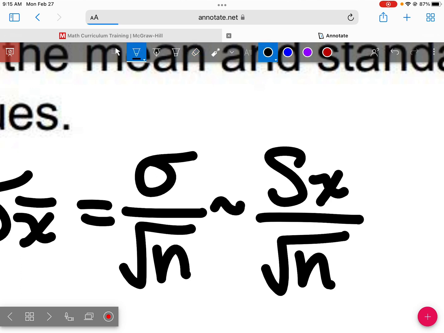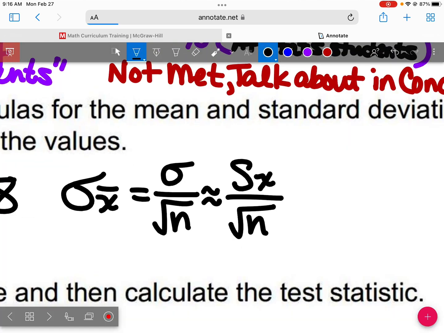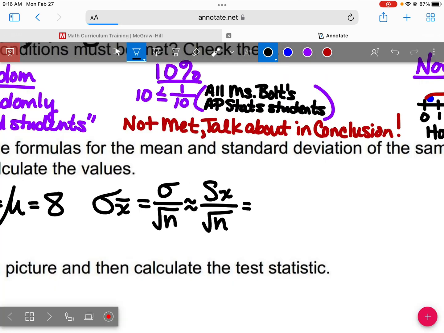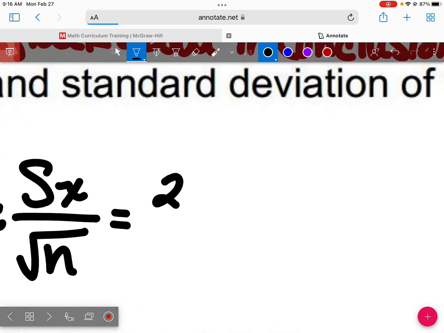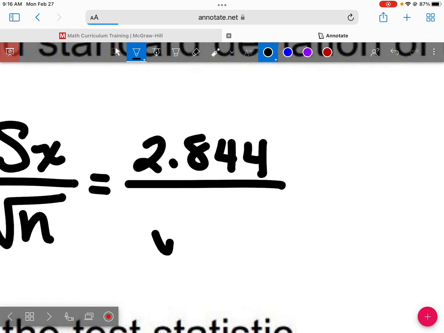This is approximately equal to... What was our sample standard deviation again? 2.844 over the square root of n, which was 10. So let's calculate that.